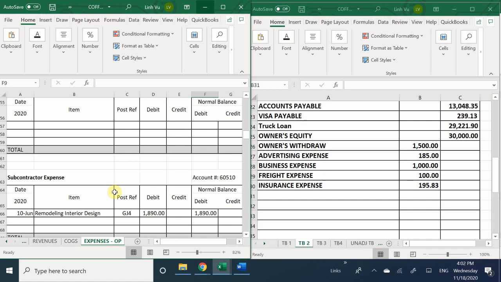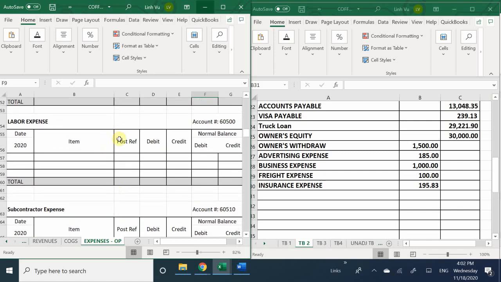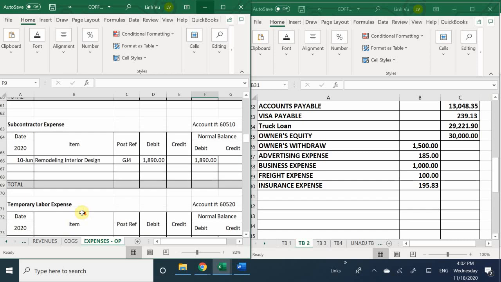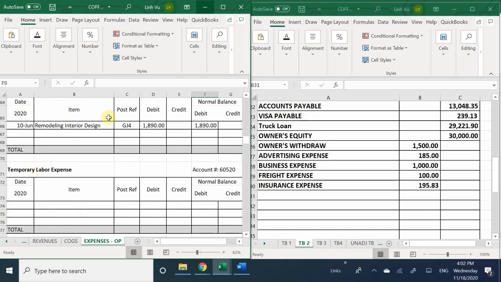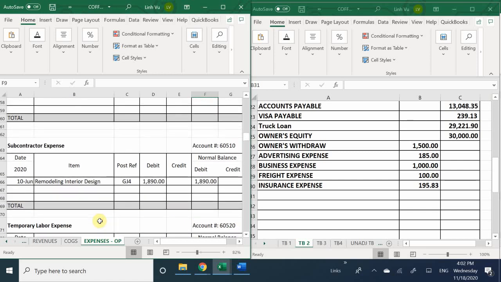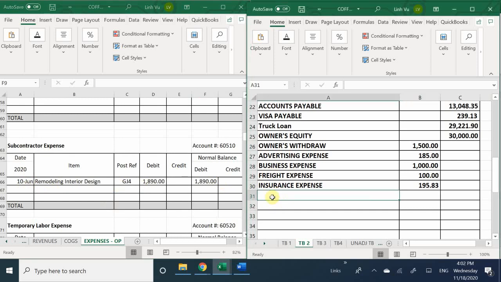And then let's see, did we incur any labor expense? No. We do have a sub account for it. Subcontractor expense, yes. Because we hired temps, right? The temporary work agency, when we bill them, this is where we're going to place our temporary person that we borrowed. So here, subcontractor expense.